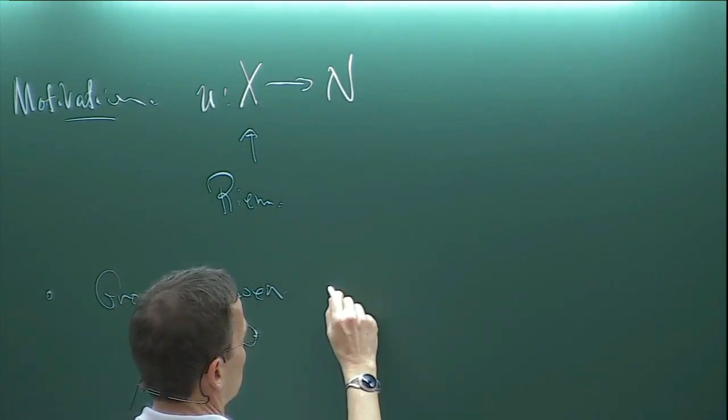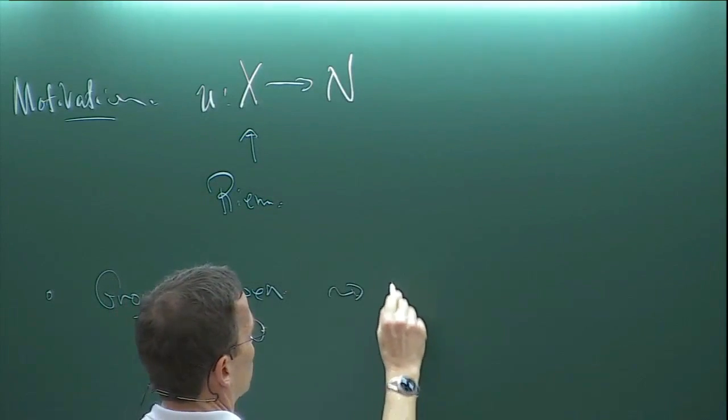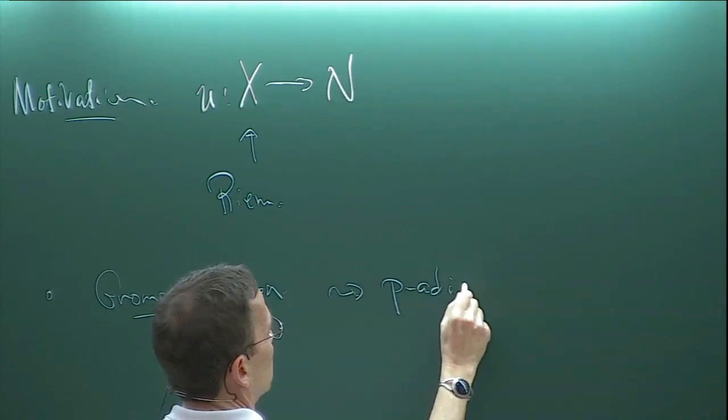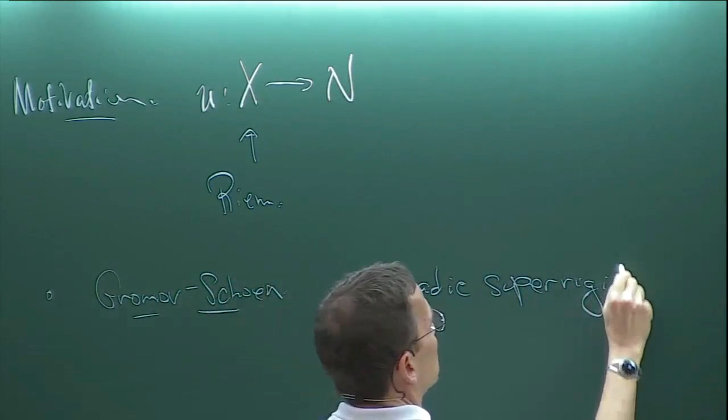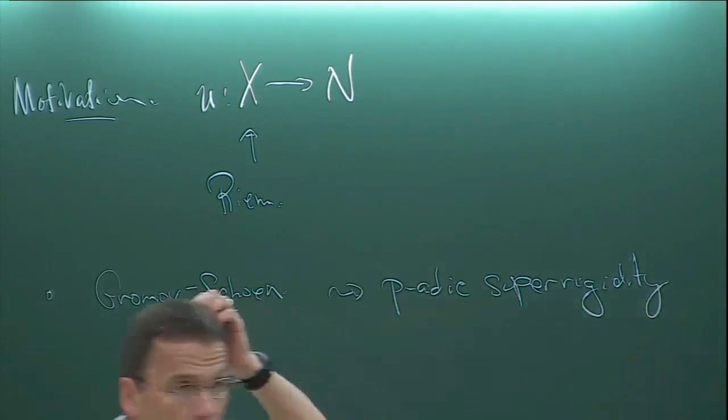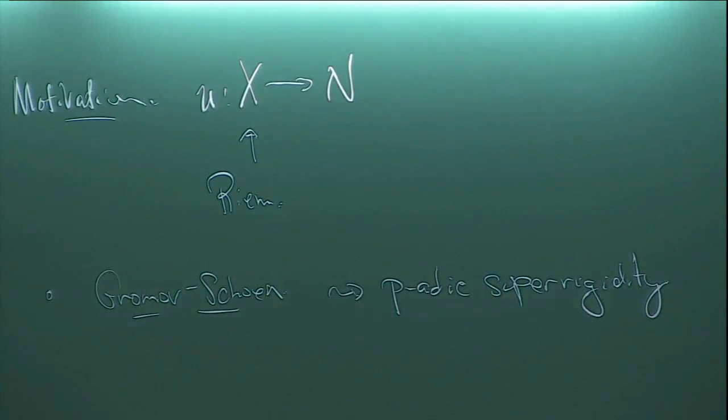So they use this to prove p-adic superrigidity, and the subsequent arithmeticity of lattices in quaternionic and Cayley hyperbolic symmetric spaces. So this was in some sense the original idea of Gromov for this.